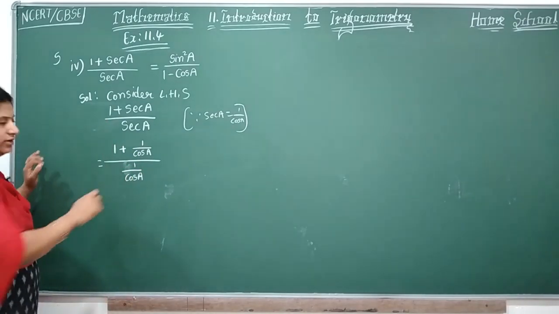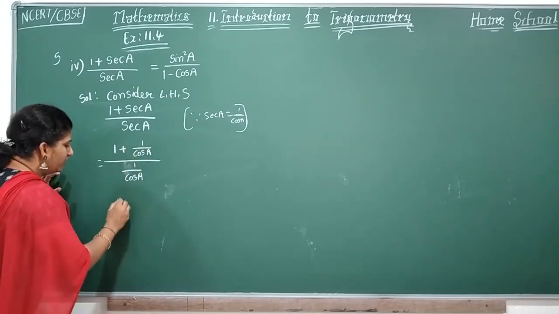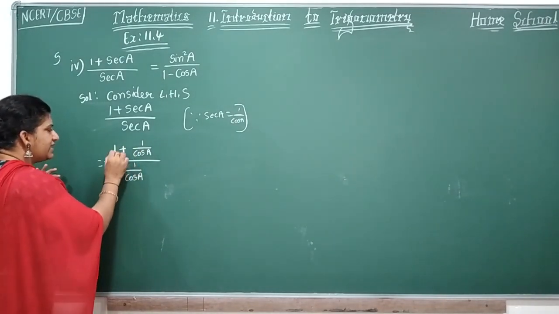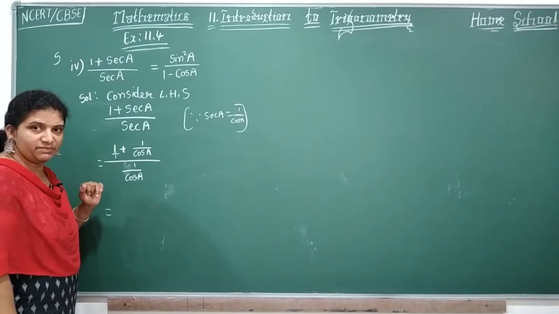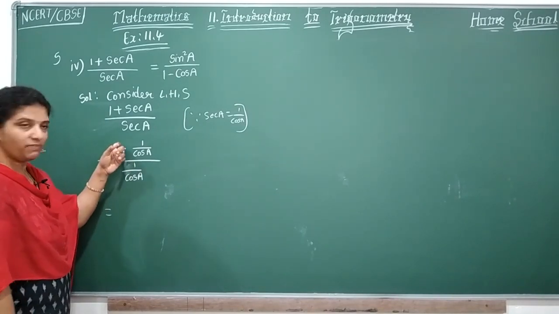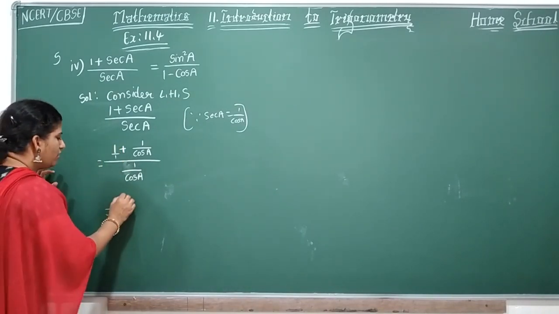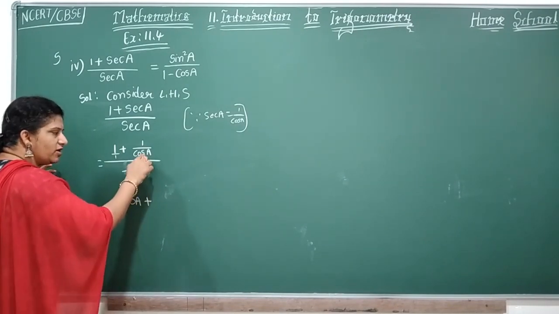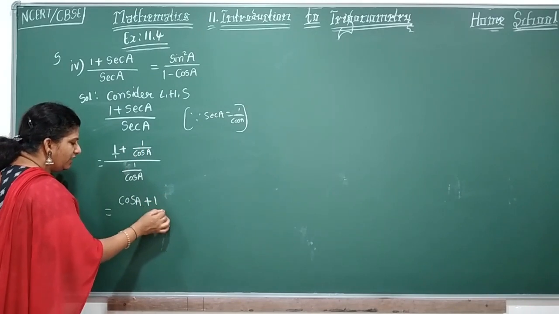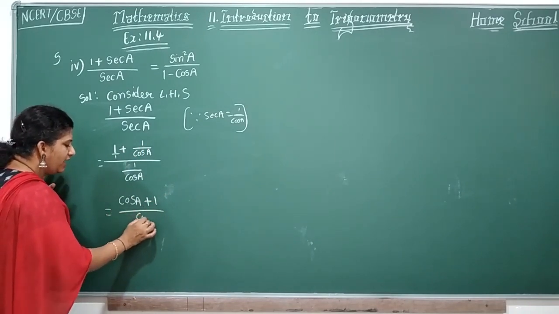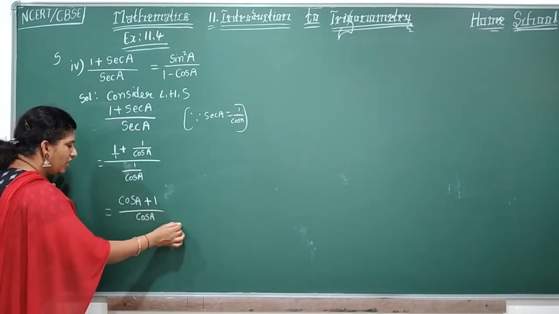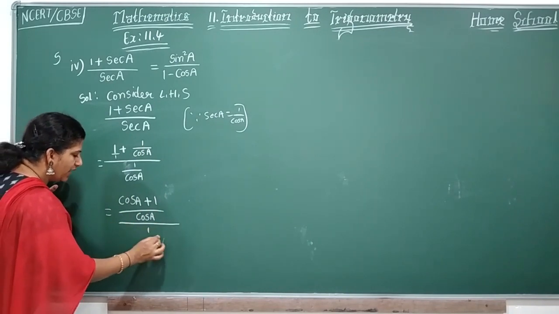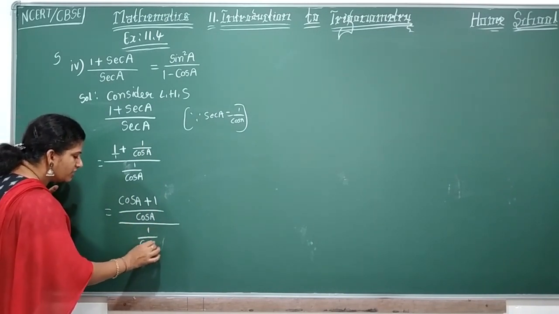Now you need to do the LCM for the numerator. The LCM of 1 and cos A is cos A, so multiply the 1 by cos A: (1 into cos A plus 1) by cos A, whole divided by 1 by cos A.